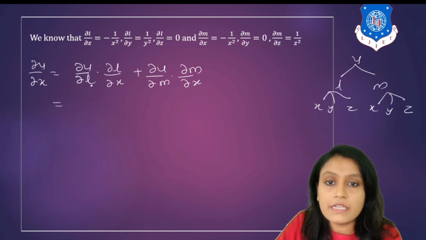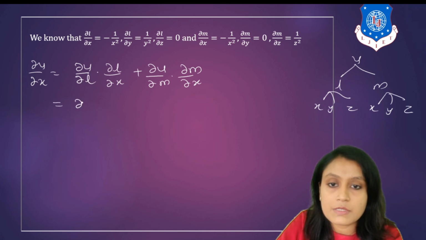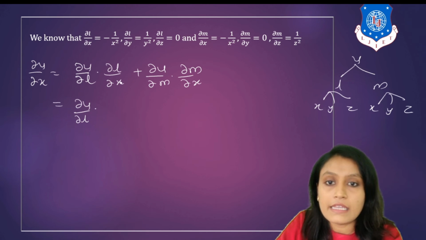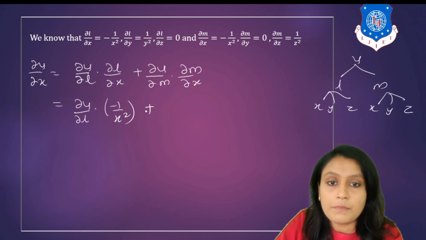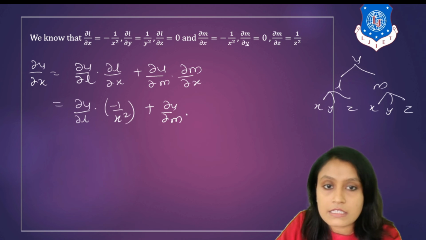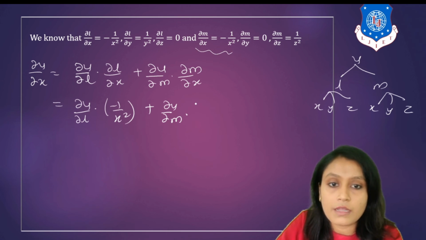Okay, now we will keep this del u by del L as it is because we cannot find its answer. Now del L by del x, the derivative of L with respect to x, you can find from the L given. So you will get the answer as minus 1 upon x². So you will write here minus 1 upon x² plus, now del u by del M we will keep as it is, and del M by del x gives minus 1 upon x².